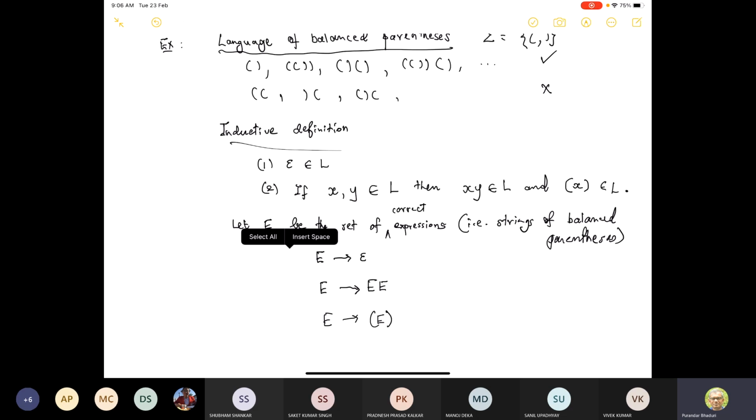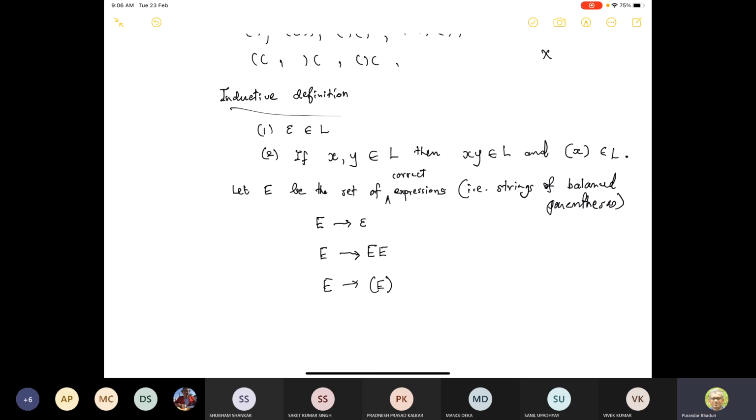The second one says that a correct expression followed by a correct expression is a correct expression. And the third one says if E is a correct expression, then open parenthesis followed by E followed by close parenthesis is a correct expression.